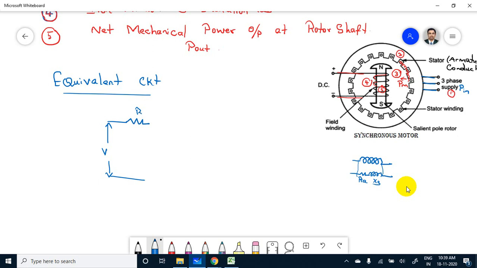This is RA, XS. XS stands for synchronous reactance. Take down synchronous reactance.